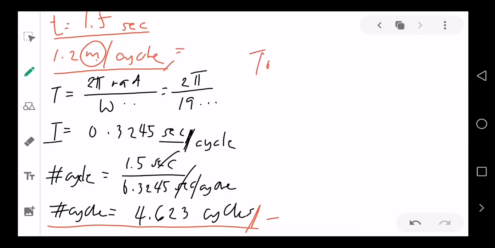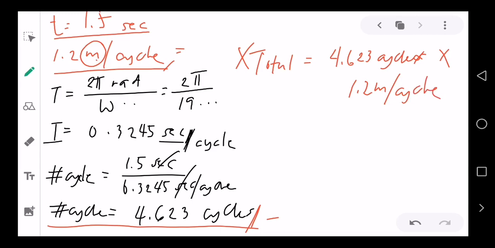So, X total is equal to 4.623 cycles times 1.2 meters per cycle.